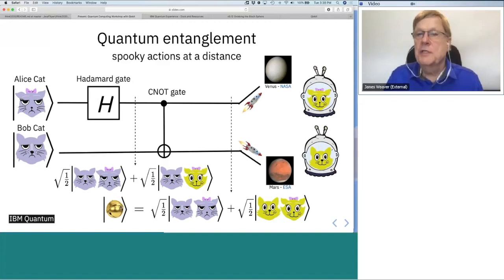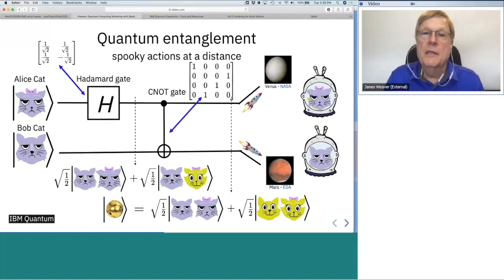Conversely, let's say that we measure Bob on Mars, then we know that Alice, when we observe her, is going to be grumpy. And so here are the matrices that we can use to model the gates. This is a 2x2, but with this 2-qubit gate, it's a 4x4 matrix. If it were a 3-qubit gate, it would be an 8x8 matrix.